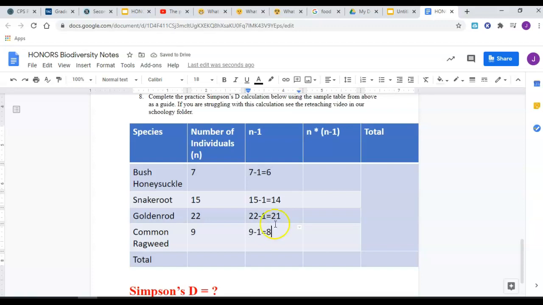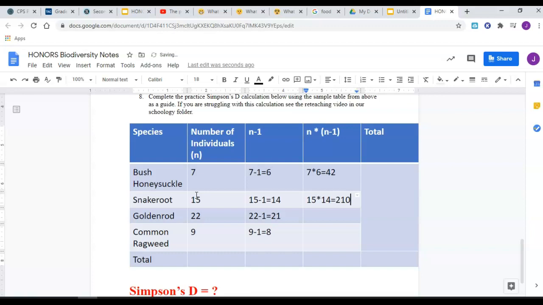In the next column, then we're going to take n times n minus 1. Well, if you look back, those are the headings of our last 2 columns, right? So here's my n. Here's the answer to n minus 1. So I'm going to take 7 times 6. That equals 42. I'm going to take 15, my n, times 14.